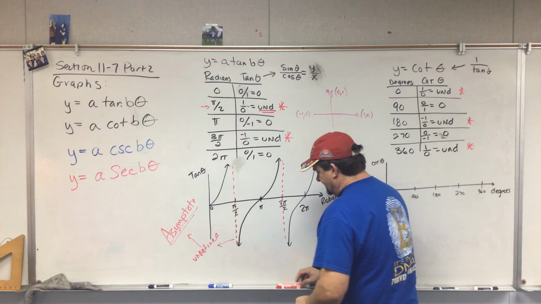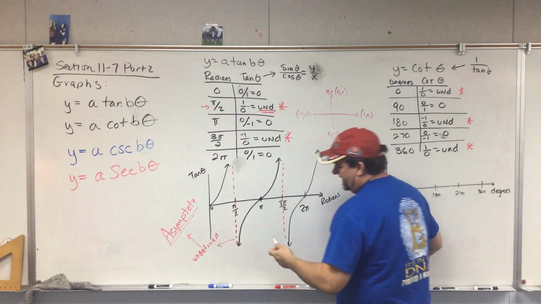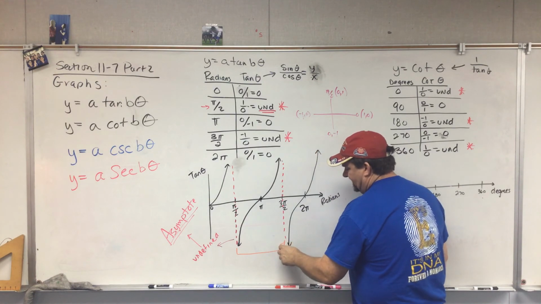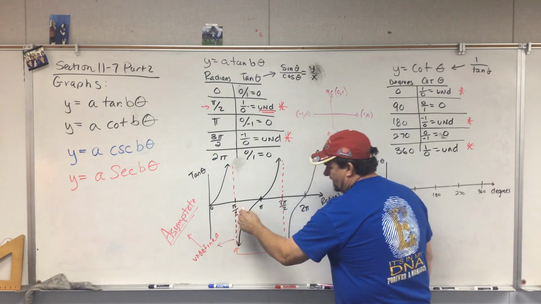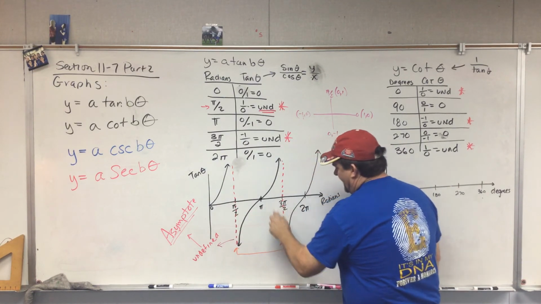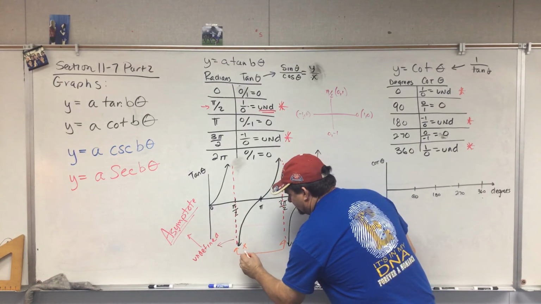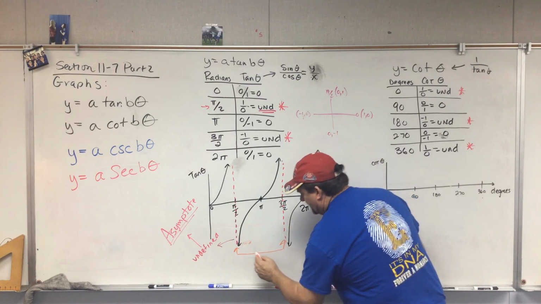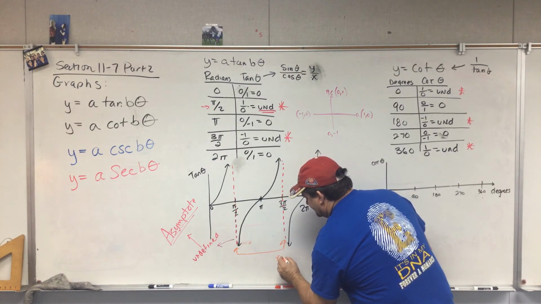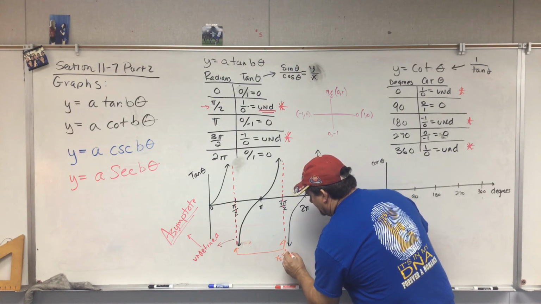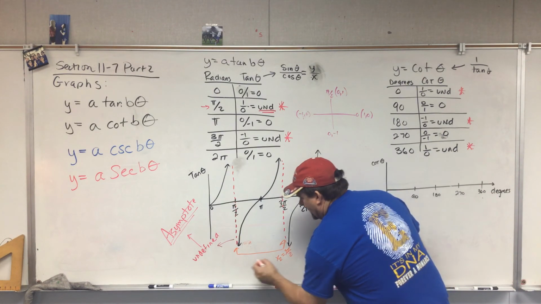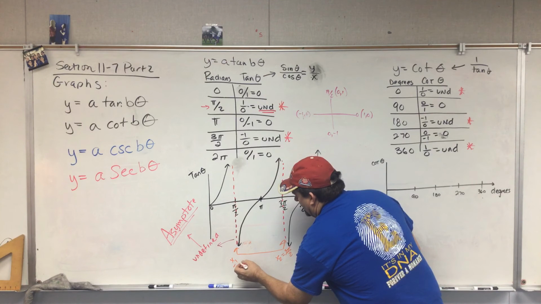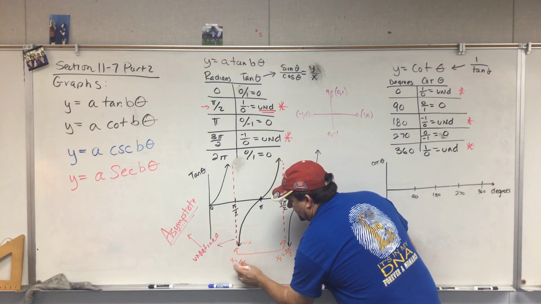Now, the trick to tangent is it's got a different period. The period, it repeats itself between here. So if I take my x value, my x1, x2, so this is my second value. So x2 equals 3 pi over 2, and my x1 equals pi over 2.